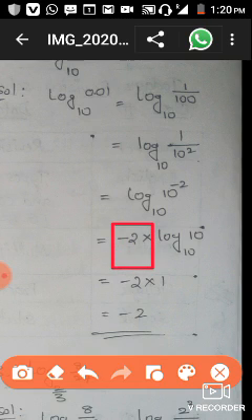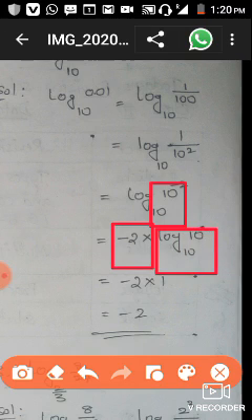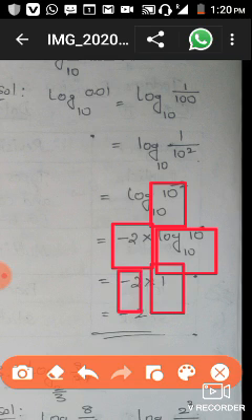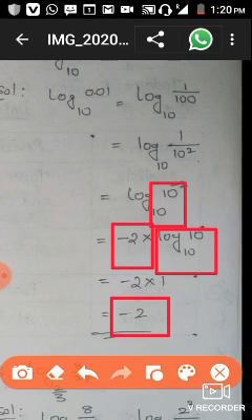So minus 2 into what remains here, 10, so log 10 base 10. We know log 10 base 10 equals 1. So minus 2 into 1 equals minus 2. So this is the value for log 0.01 for base 10 equals minus 2.